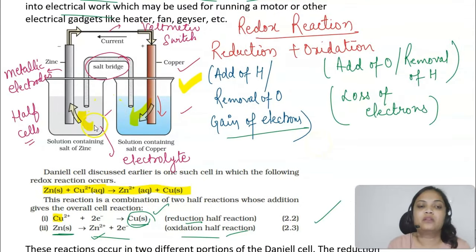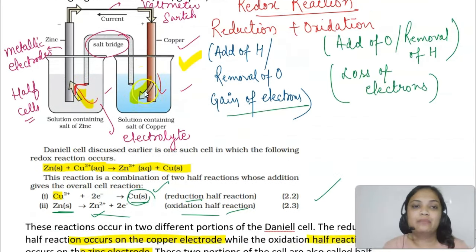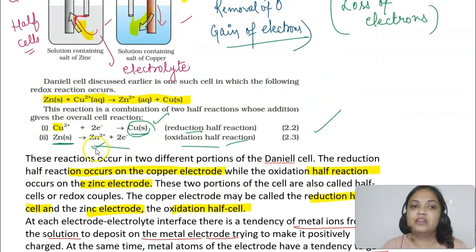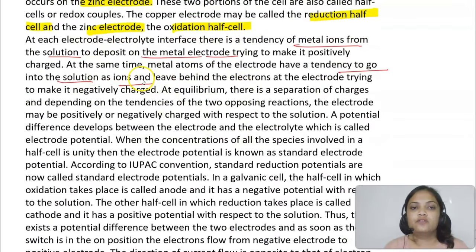Moreover, the metal atoms of the electrode have a tendency to go into the solution as ions, like what is happening in the case of zinc, leaving behind the electrons at the electrode and trying to make it negatively charged.